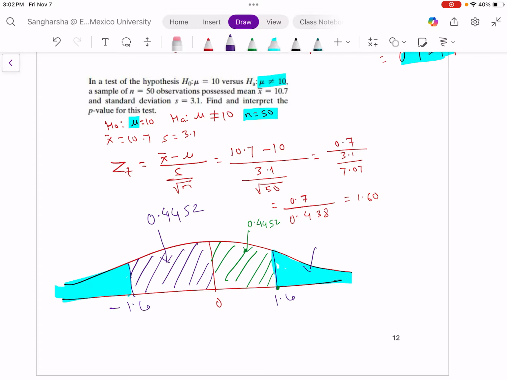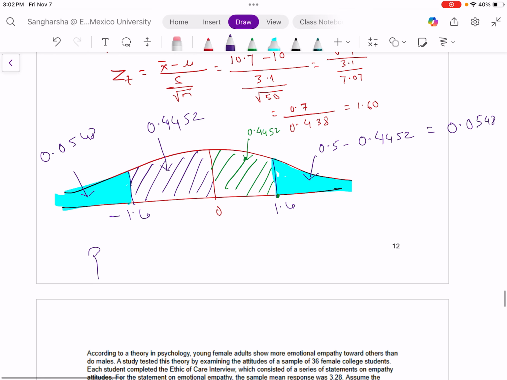Now we can find this area, which is 0.5 minus 0.4452, and this equals 0.0548, which is the same for this region, 0.0548.